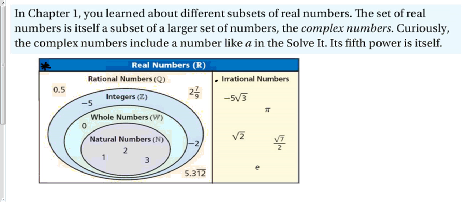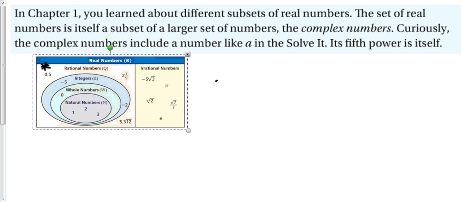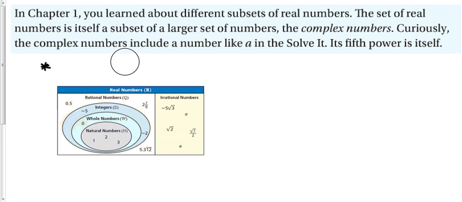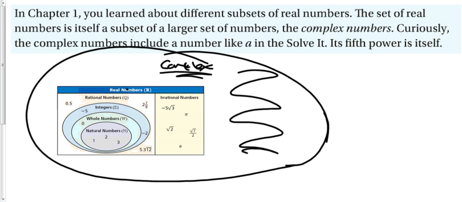Now, what we're going to say today is that this set of real numbers is part of a much larger set of numbers called the complex numbers. And this is only a small section of the complex numbers. And the numbers that we're going to talk about today are going to exist in the rest of this section.